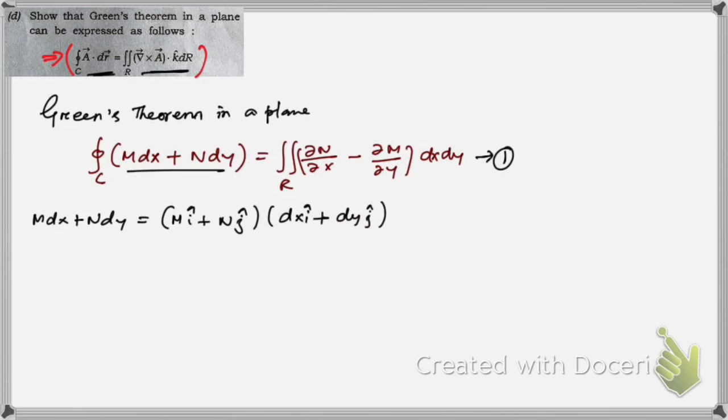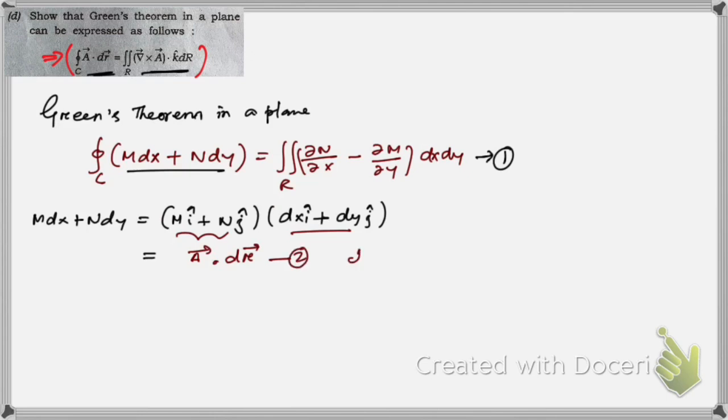And here let me consider this vector. This vector is, suppose, vector A, and this is the derivative of the position vector, dr, right? So this is equation number 2.